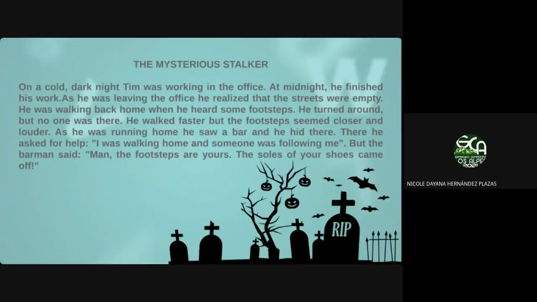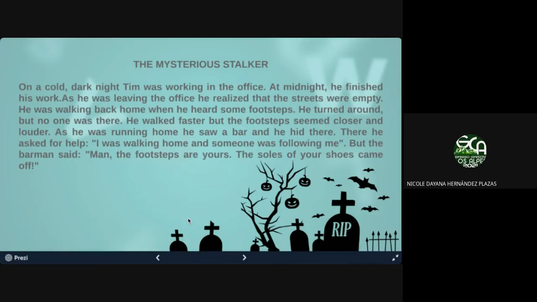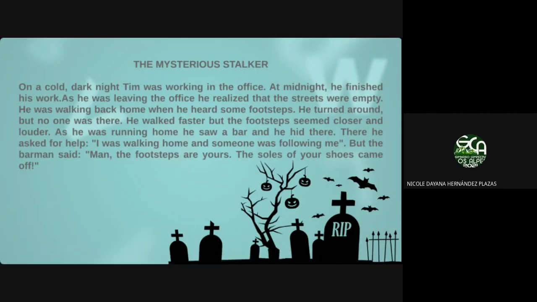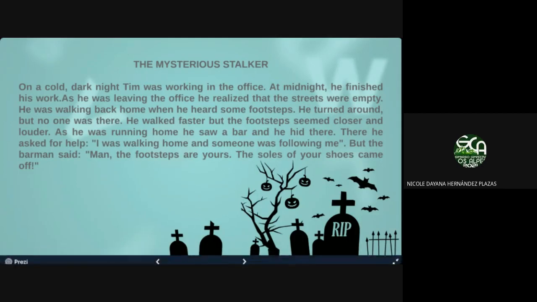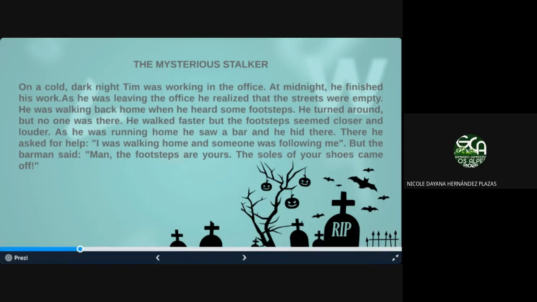Why is he silly? Because the footsteps y era de él. Uh-huh. That's it. There has never been someone following him. It was just the noise, the sound. I mean, he heard something, and that something he heard was the sole of his shoes coming off. Se le cayeron, se le despegaron las suelas de los zapatos. So that's the end of the story.